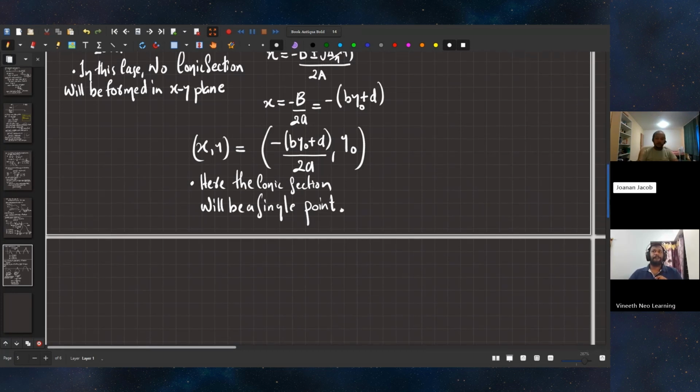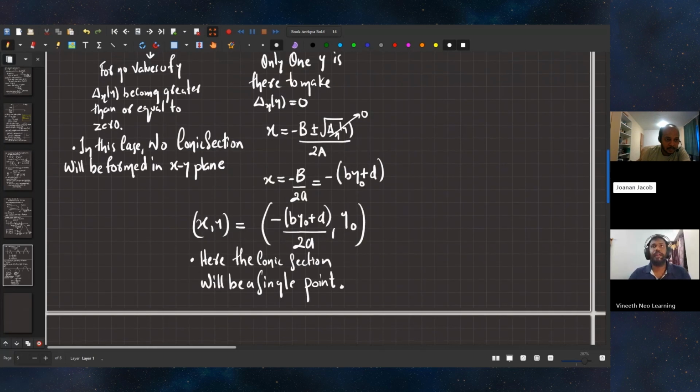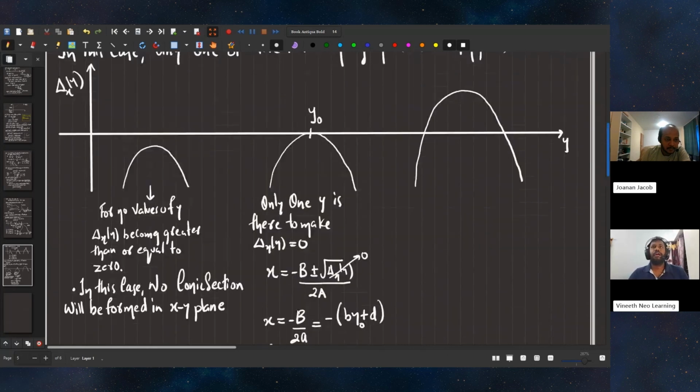Now we will move on to the next condition. That is a very important condition. If this is the graph for delta x of y, for a range of y values we will have exactly this.